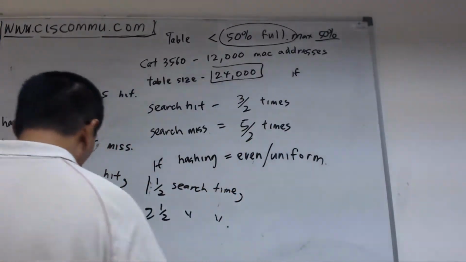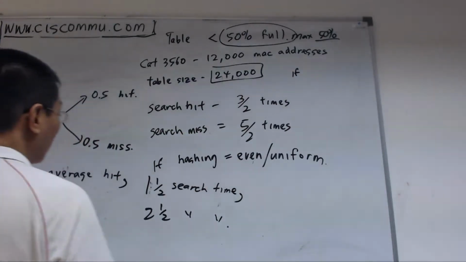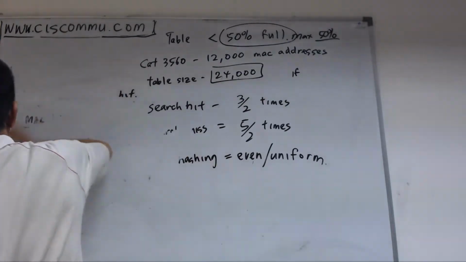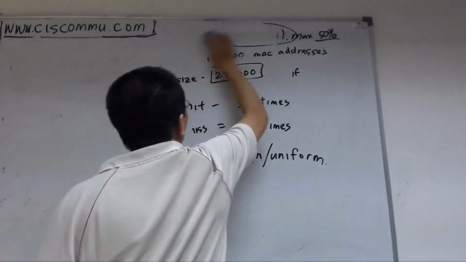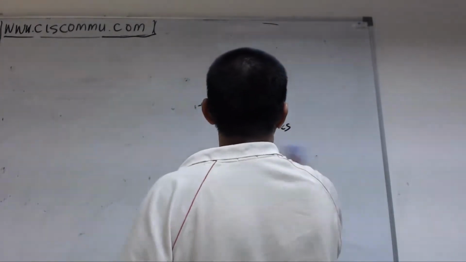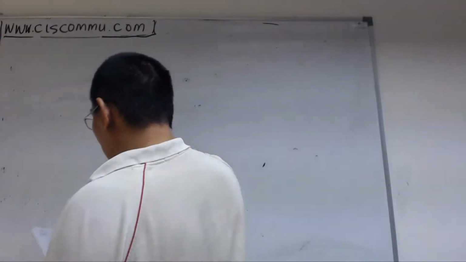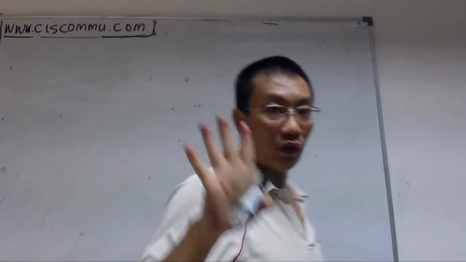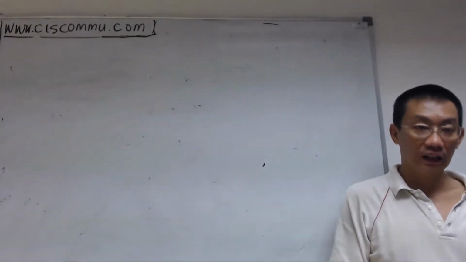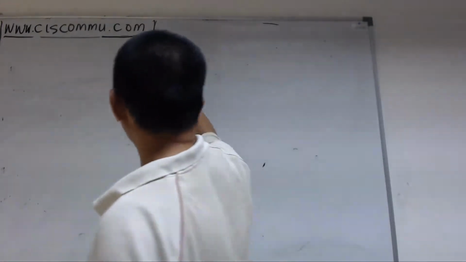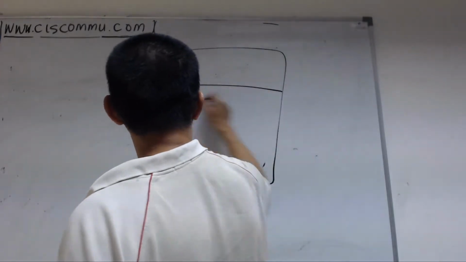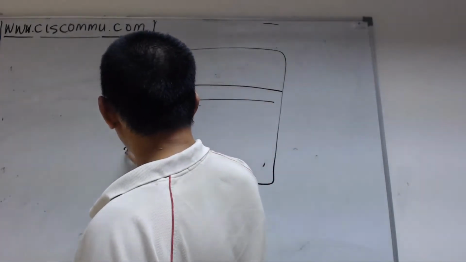Okay. Now the last thing, some of the complicated issues. Let's say you have 4 MAC addresses, and all of them match the same entry. So you have like this. Let's say it's 20, 21, 22, 23.